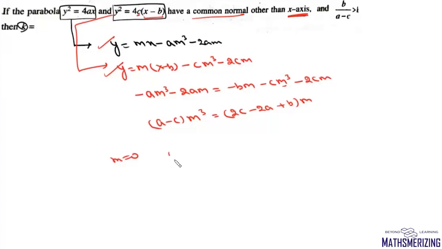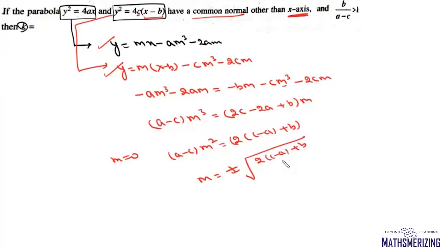So we can write this as a minus c into m square, and this is equal to 2 times c minus a plus b. So the value of m here should be plus minus under root of 2 c minus a plus b upon a minus c.